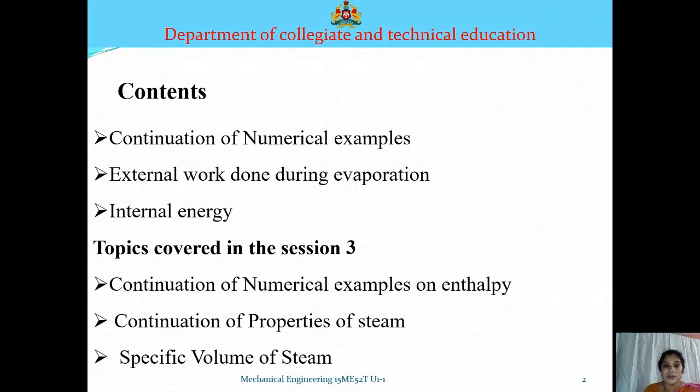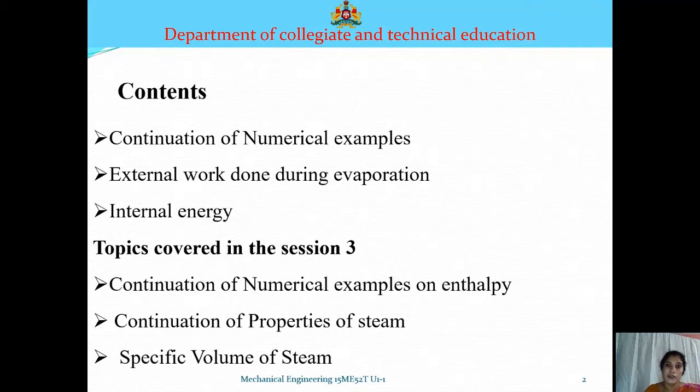Along with that, we studied the other properties of steam like specific volume of steam, the definition of specific volume of steam, and the various specific volumes that we come across, that is Vf, specific volume of wet steam, specific volume of dry steam, and specific volume of superheated steam.